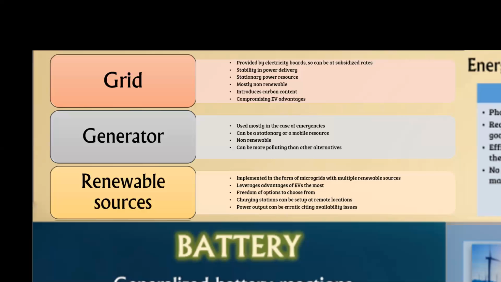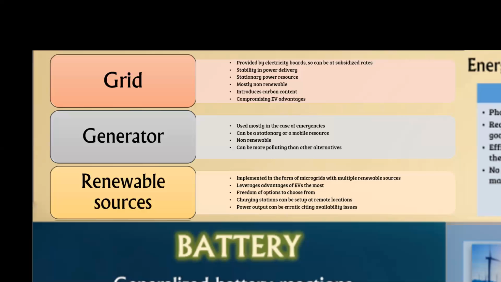The main disadvantage is that the power output can be erratic because of availability. For example, solar or wind is not uniform throughout the day and throughout the year. Due to that reason, it is usually used in a microgrid configuration.